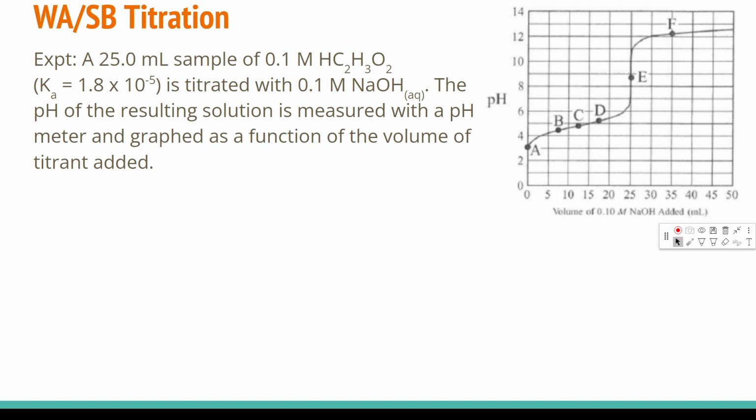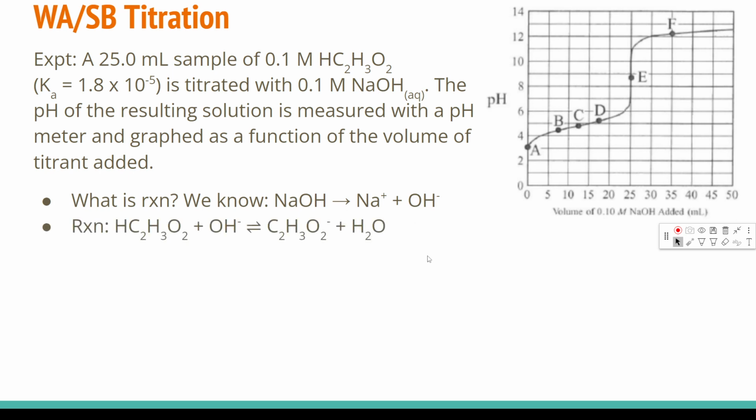Cool. And so we're going to go through the different parts of this, and we're going to go through what each of the points on this graph means. And also we're going to talk about other things. And so this reaction, we know a strong base is here, meaning it ionizes completely. And so here's my reaction.